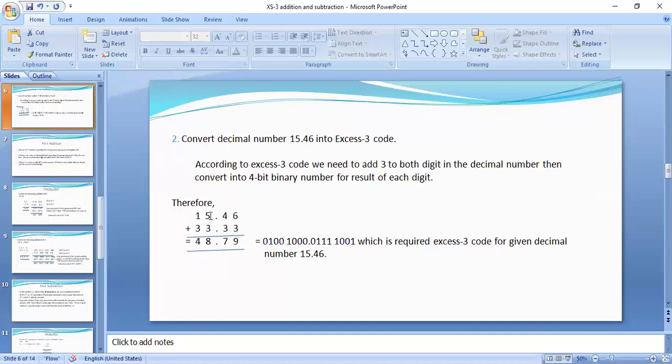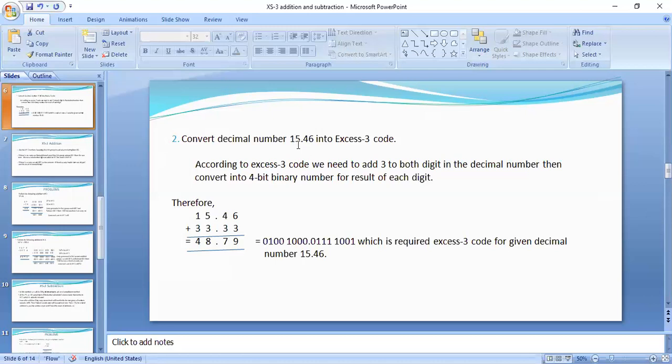In a similar way, taking one more example, 15.46. If you want to convert this decimal number into XS3 code, you may observe this decimal number consists of two parts, integer part and fractional part. What we have to do here is add 3 to each decimal digit.